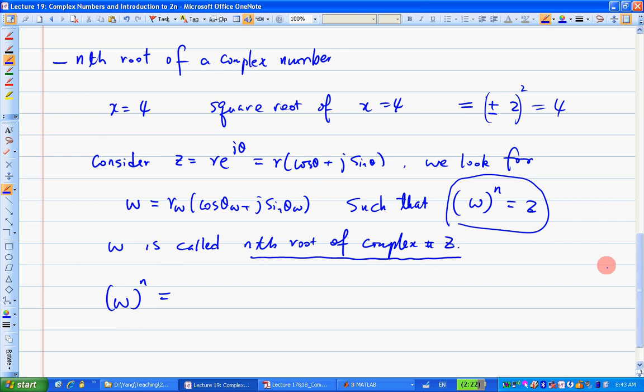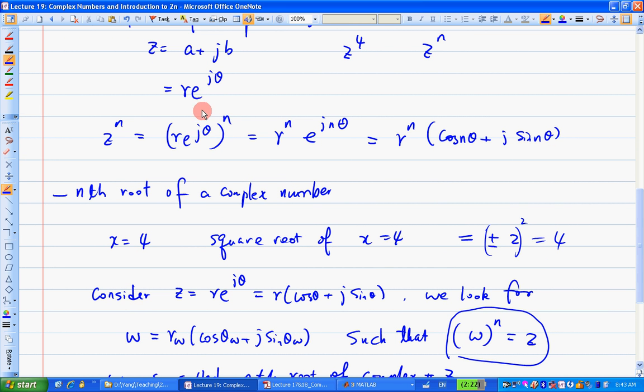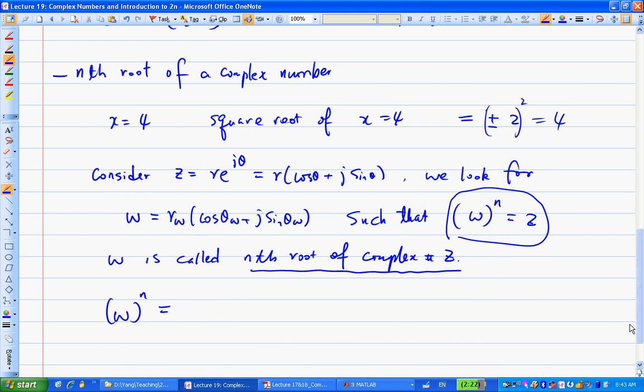According to what we just found out, you can use the R e^{jθ} format. So this is basically R_w e^{jθ_w}, to the power of n. So that's basically R_w^n e^{jnθ_w}.